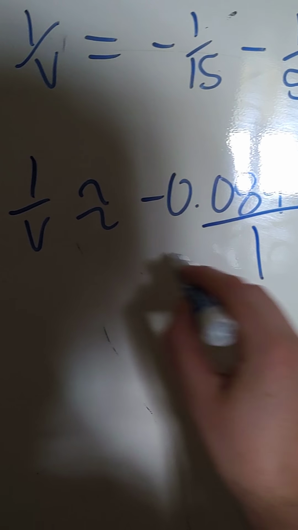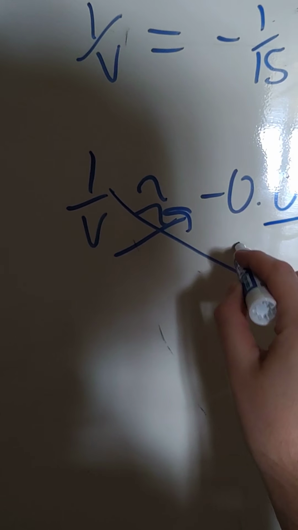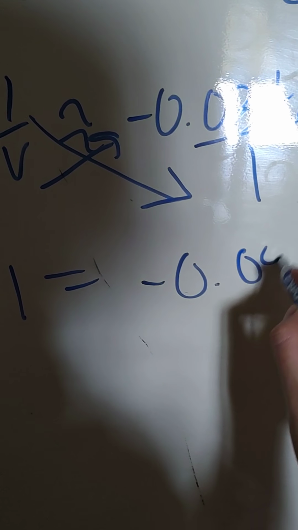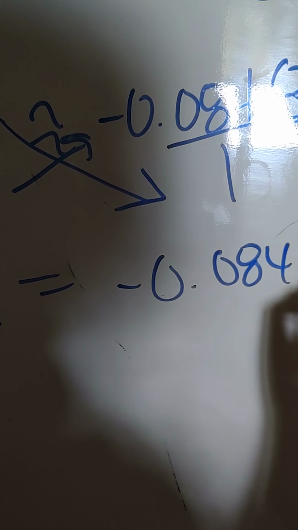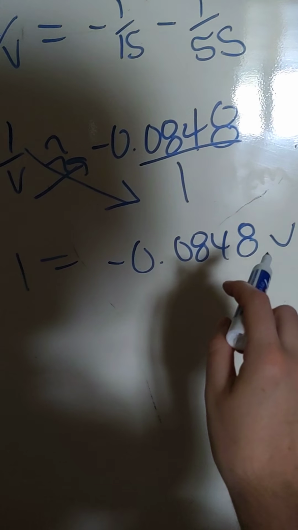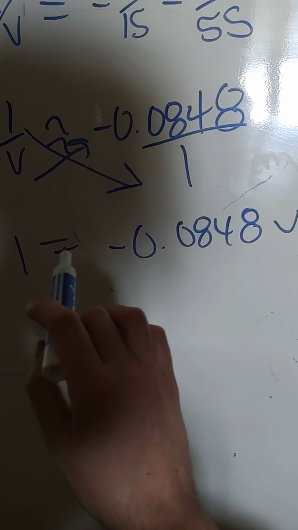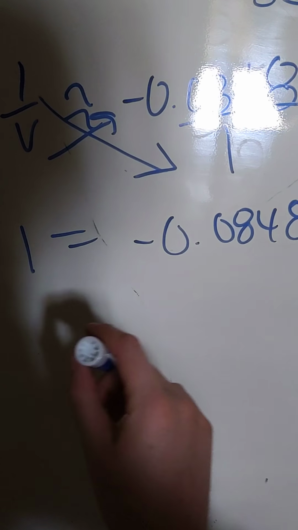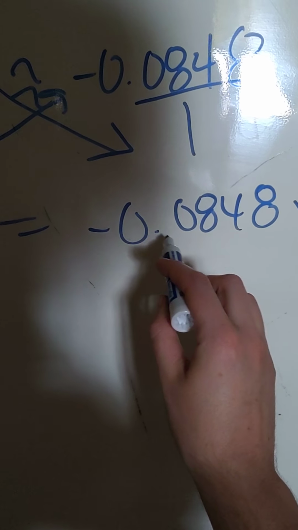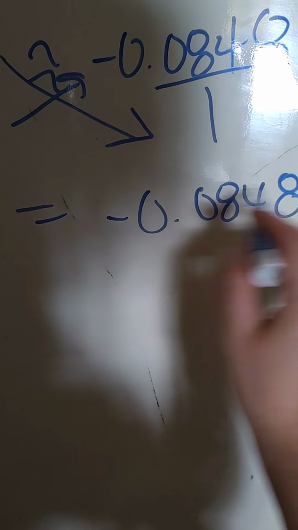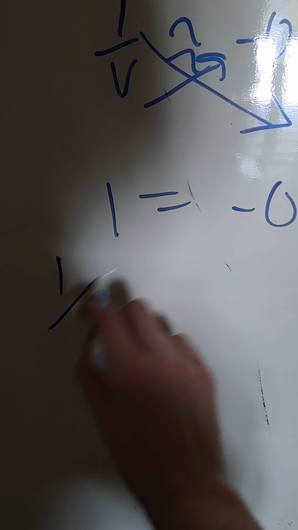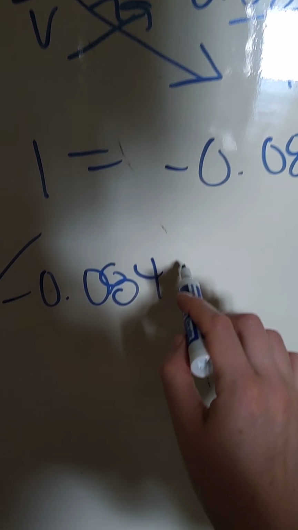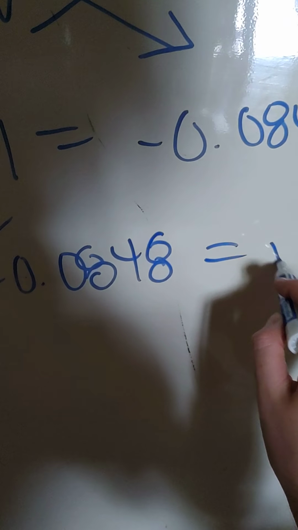If you throw that 1 on, you can do a cross multiplication. So 1 equals minus 0.0848 v. It doesn't really matter which side you write this on, as long as it is the same. Divide both sides by this, so we're going to have 1 over minus 0.0848 equals v.